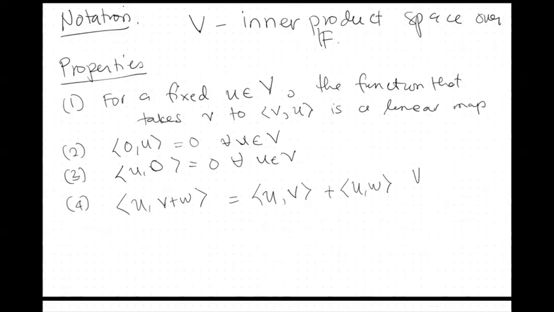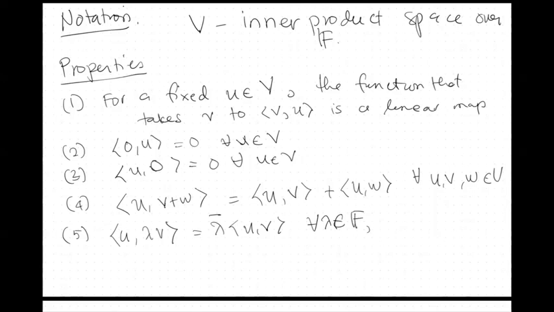This is for all u, v, and w in our vector space V. And number five, we get u here and then lambda v. We can take the lambda out too, with a conjugate: the conjugate of lambda times the inner product of u and v. This is for all lambda in our F and for all u and v in the vector space V.